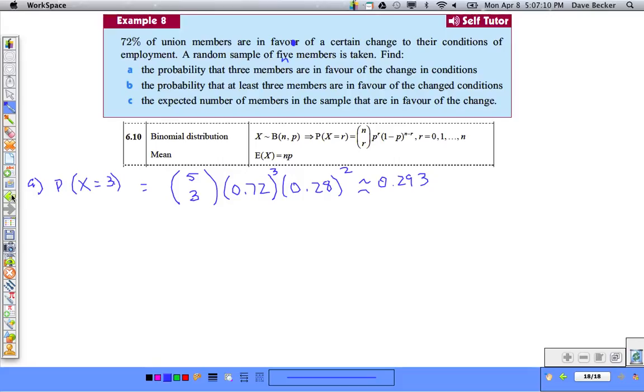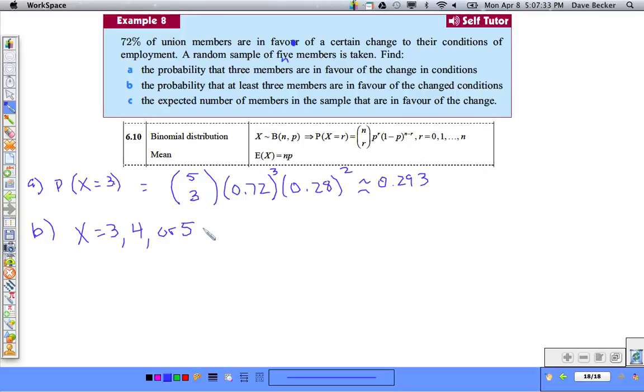Okay, part B. The probability that at least 3 members are in favor of the change in conditions. At least 3. So that means x could equal 3, 4, or 5. Okay?